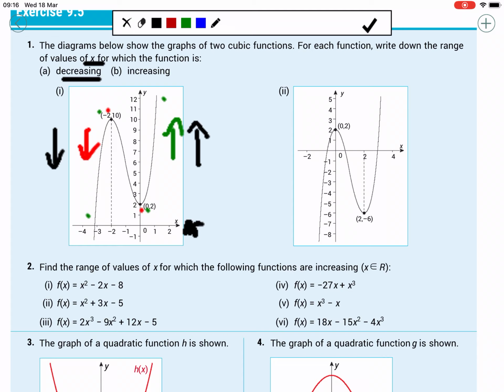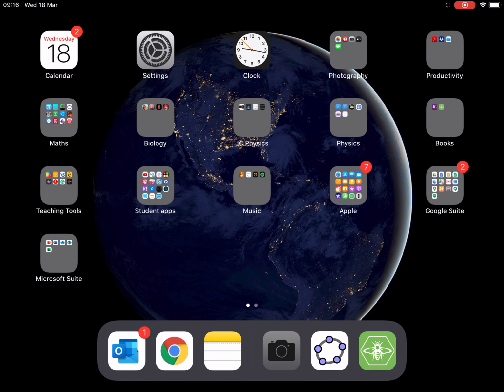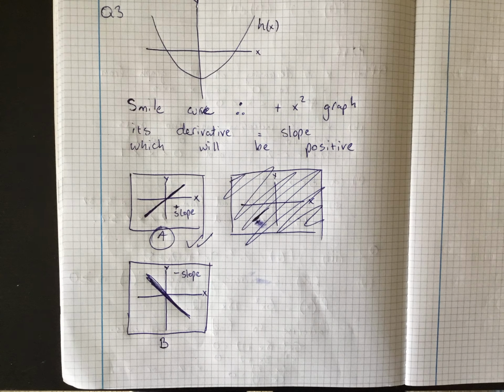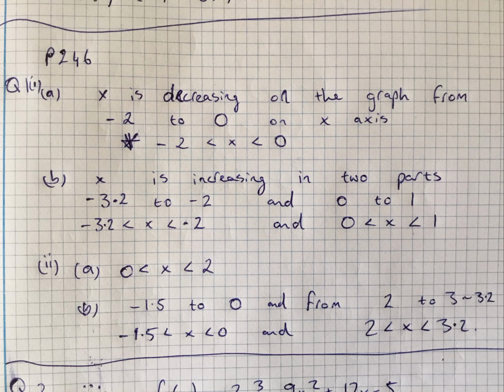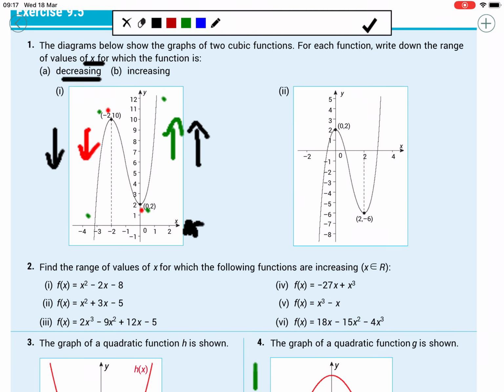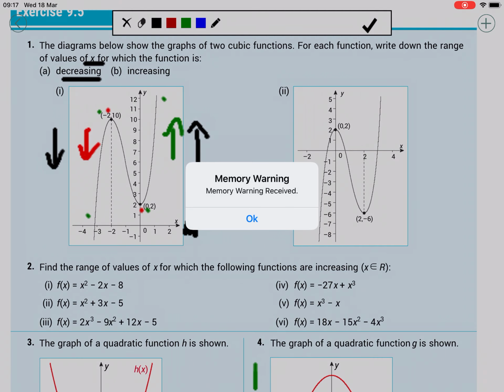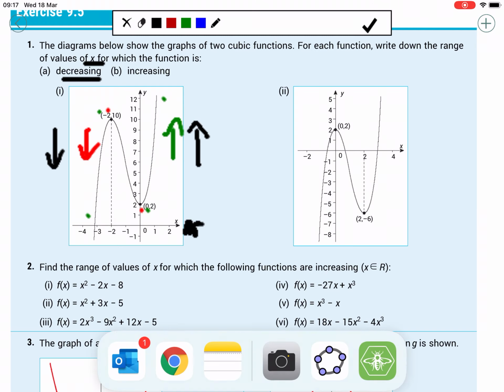So I'm going to swoop into where I've got my question done. As I've said there, x is decreasing on the graph from -2 to 0. You can see that when we go from -2 at the red dot down to 0 is where it is decreasing.